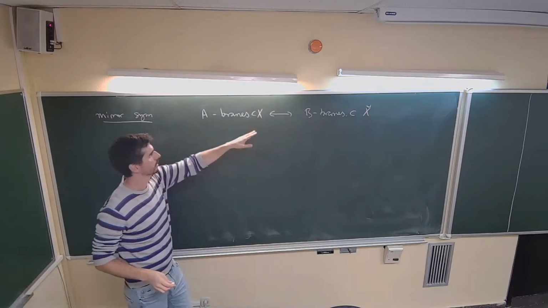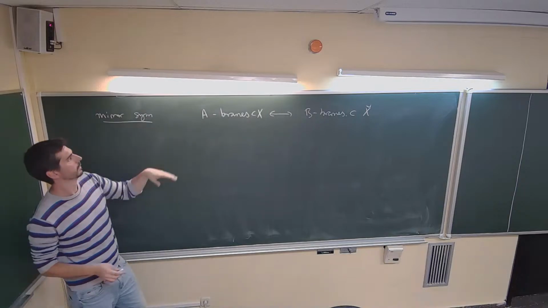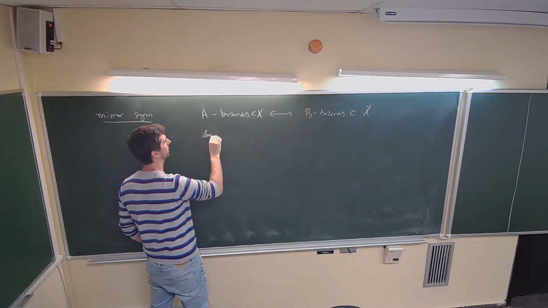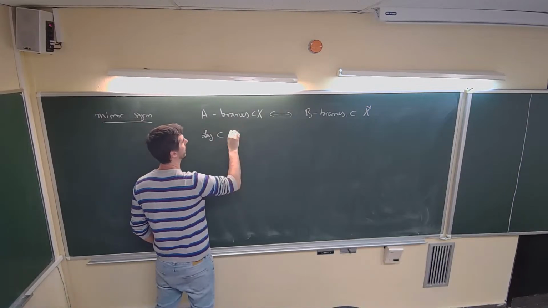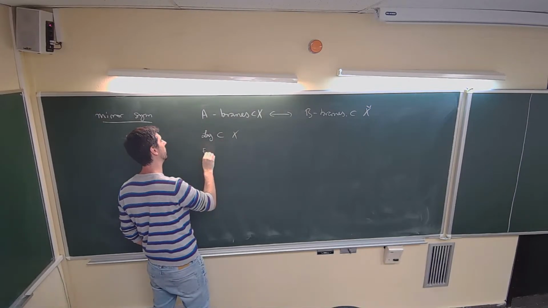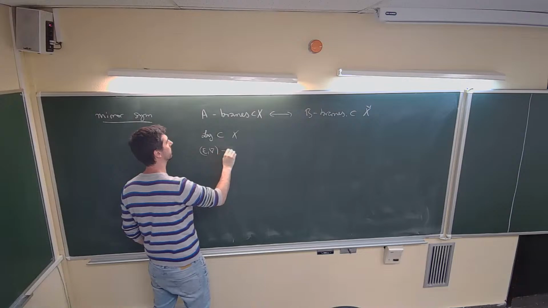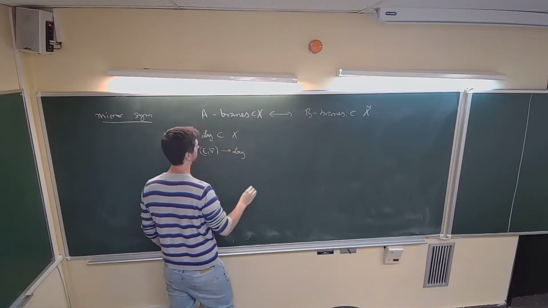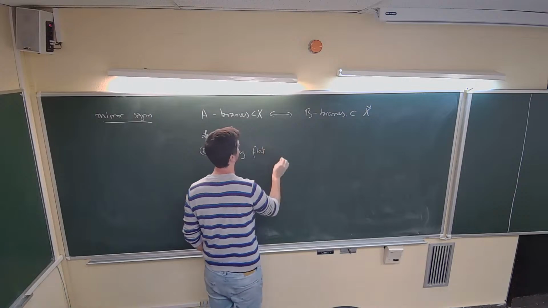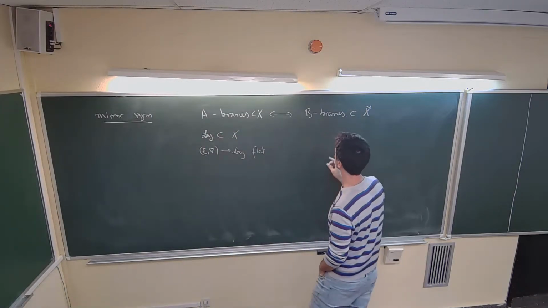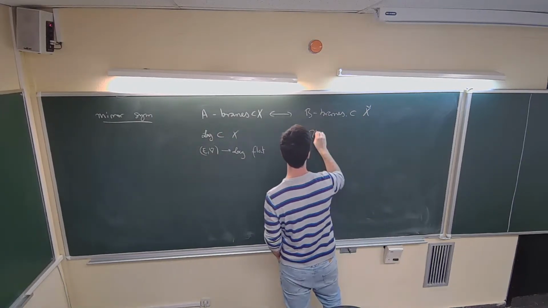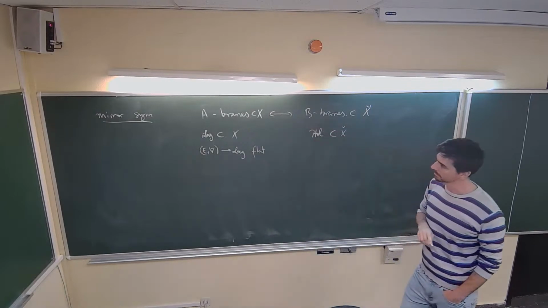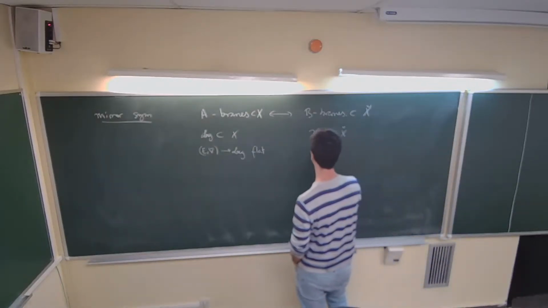So we have a mirror manifold X check, and A-branes are Lagrangian subvarieties of X equipped with a flat bundle supported on the Lagrangian subvariety, while B-branes are holomorphic subvarieties of my mirror manifold equipped with a holomorphic vector bundle.